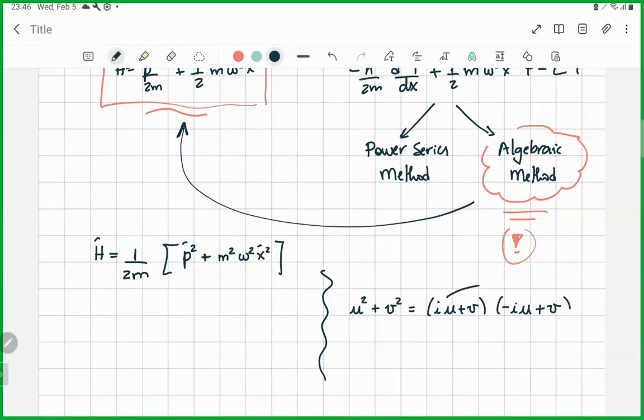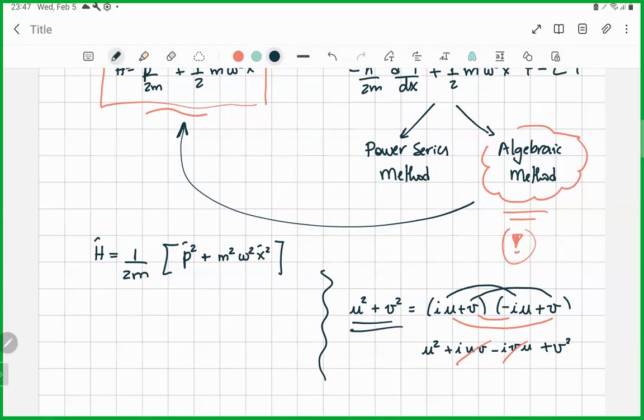When we multiply these two terms, we get the u squared. Then we have the cross terms. I'm going to mark them in orange. So these are the cross terms, but you know that they cancel. i u v and minus i v u, they cancel. So I'm going to cancel them. And the last one is the v squared that we have here. Okay, so you know about that.